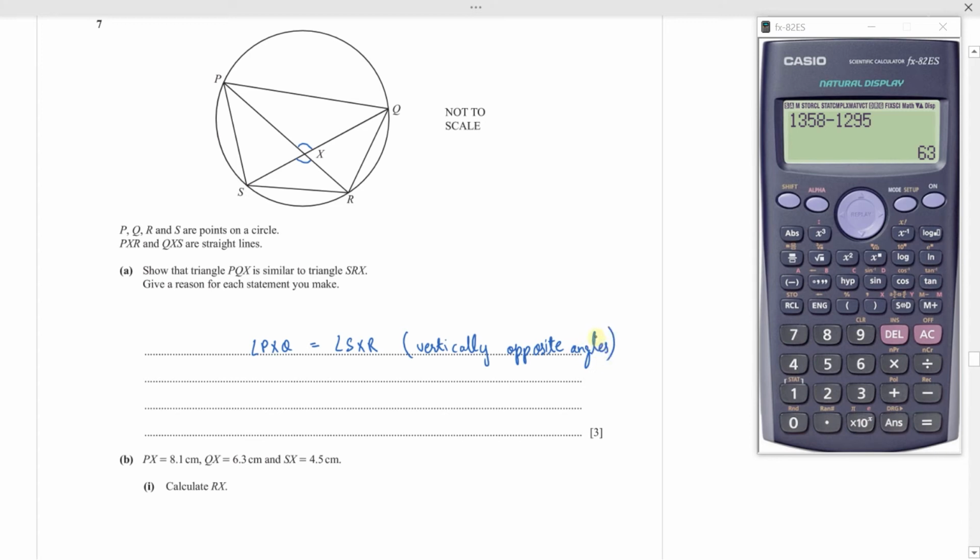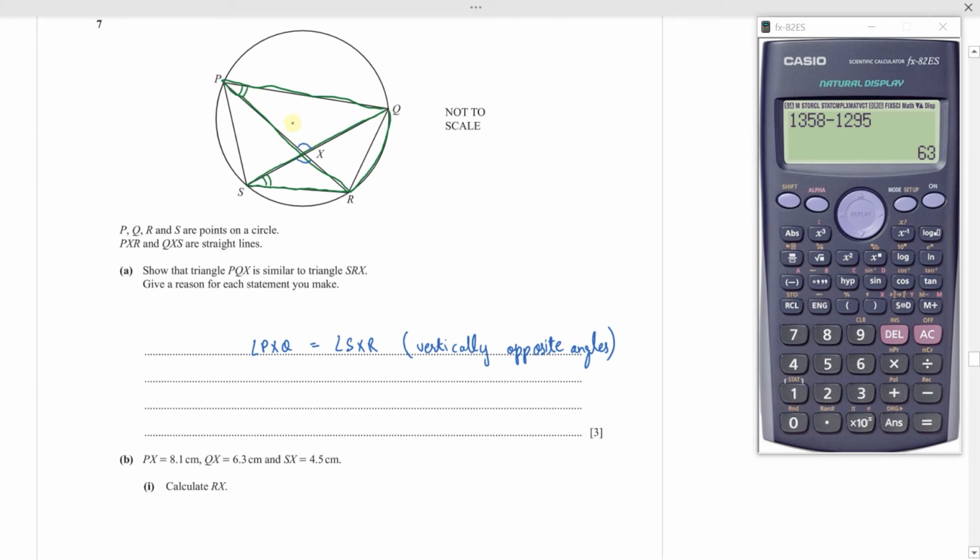And then if I look at this angle here, let me mark this in green, and if I look at this angle here, these are also equal because they are angles in the same segment. They are subtended by this arc on the circumference. So this angle is subtended like this, and the other angle is also subtended by the same arc like this.